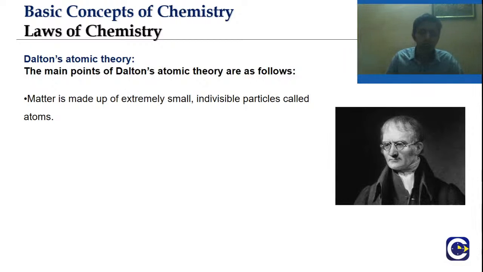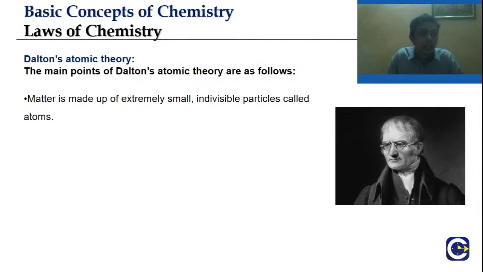Also the law of reciprocal proportion didn't obey for bigger atoms and molecules. But in general we use these because from our point of view, they are applicable throughout 11th and 12th. So exceptions and all, they won't ask.